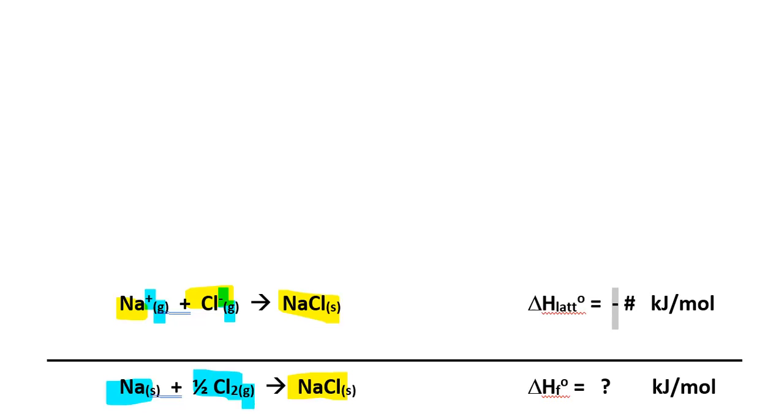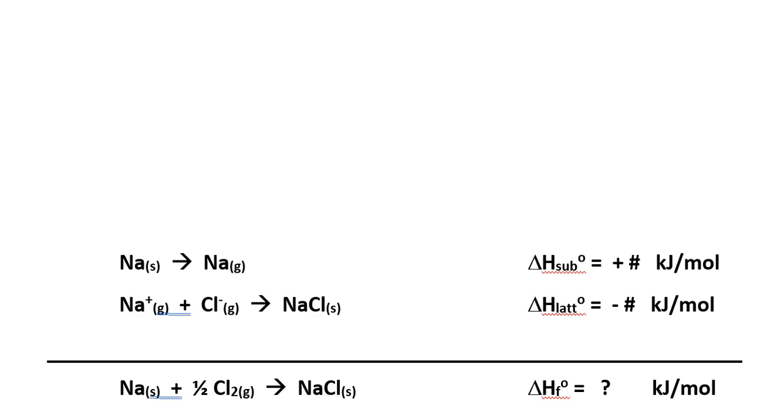However, chlorine is a molecule and the chloride ion is a free ion. So we have to take care of that as well. And when we have all our equations written out, we're going to have to manipulate one so that Hess's law is fulfilled and they add up to be the overall balanced equation. You will either have to multiply by 2 or divide by 2 somewhere, almost every time.